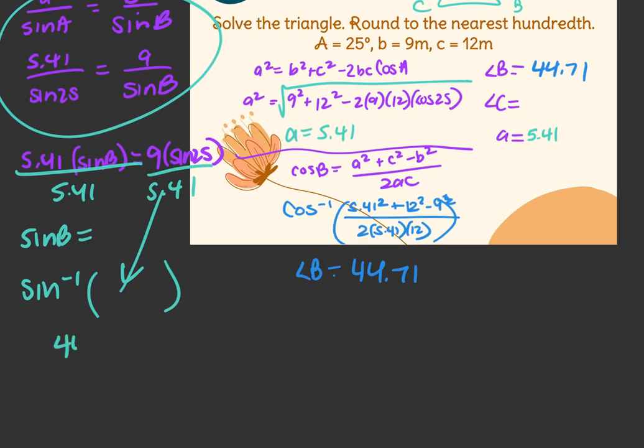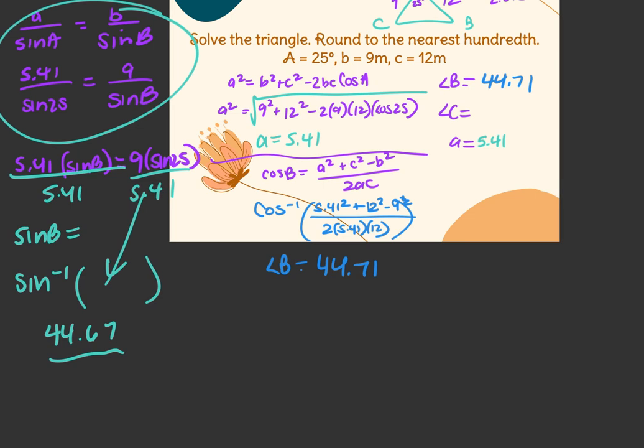And I get 44.67. So notice it's a little bit different. As long as your whole number matches, I would say you're okay. But this means on WebAssign, if you're 100th off, it might mark it wrong. Do not freak out. Make sure you have the work to back it, and you're fine.